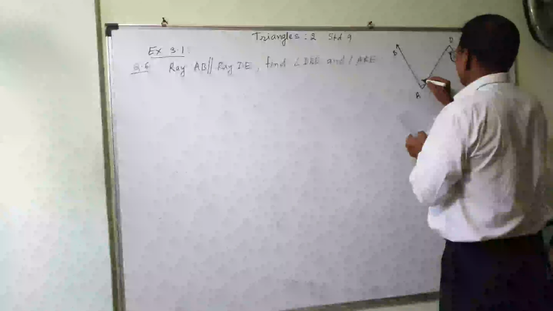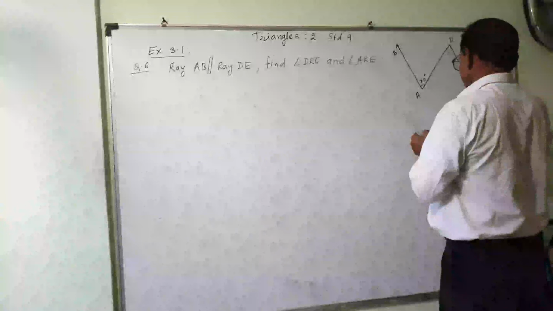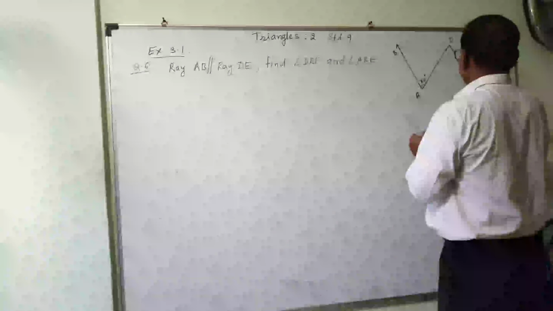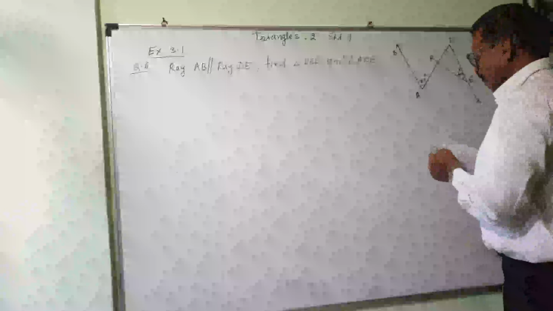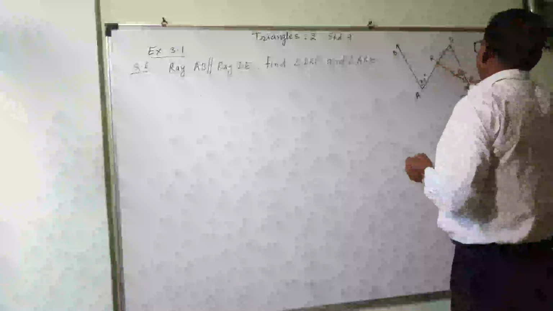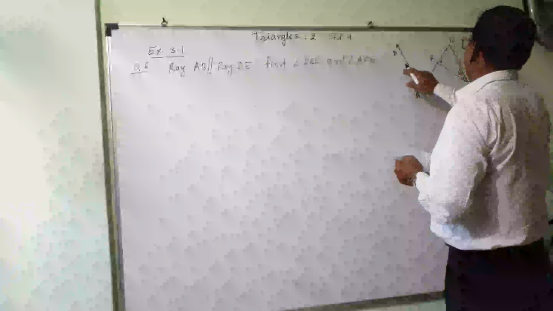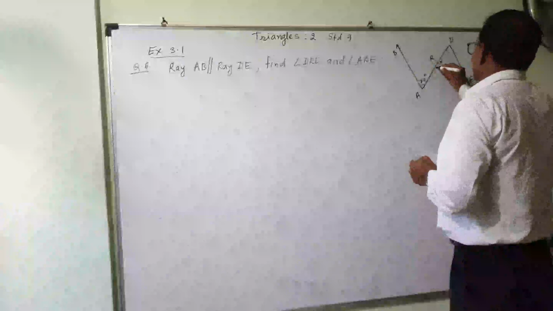This angle is given to be 70 degree, and here it is E point. From E point there is one segment joining to this point R, and this is 40 degree. So what I want is, I want to find DRE. DRE. So this angle and ARE. ARE. And this angle I want to find.